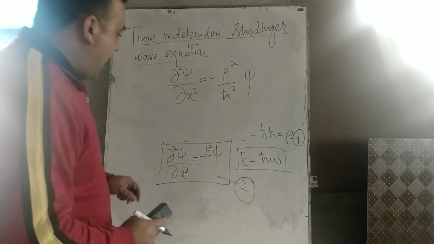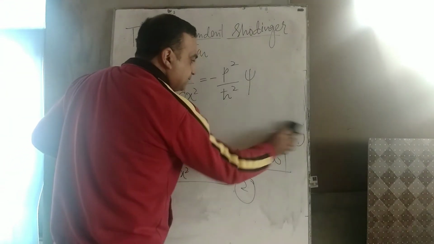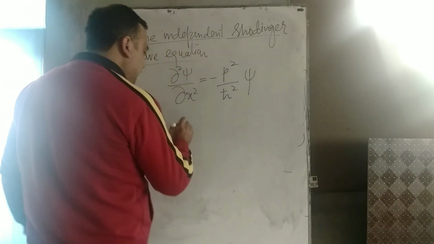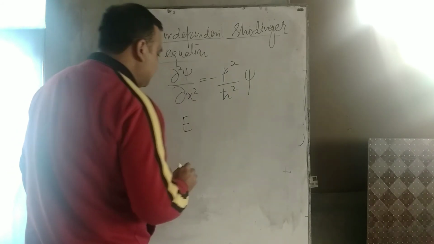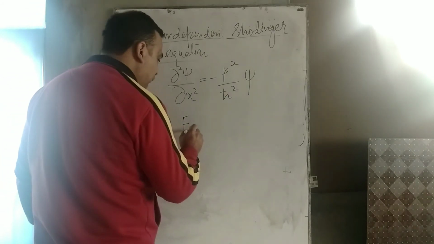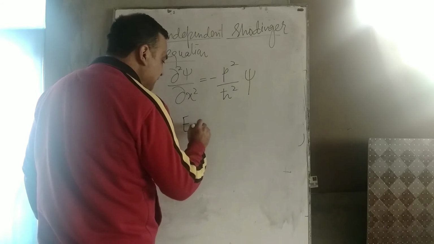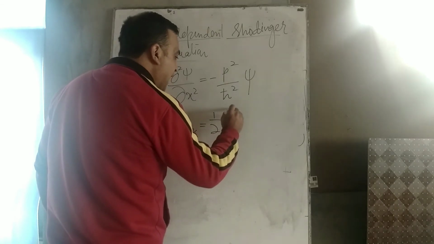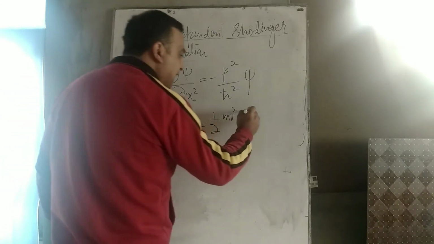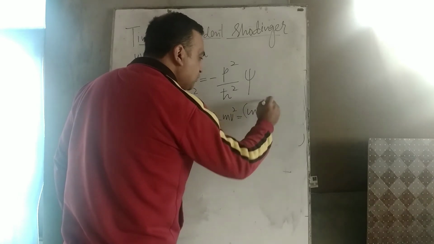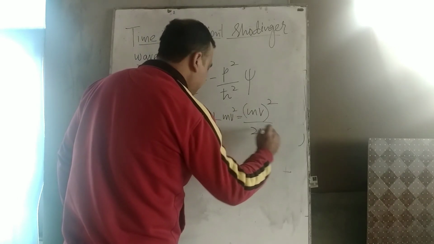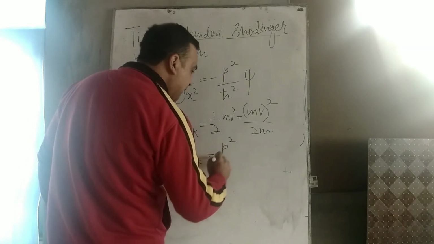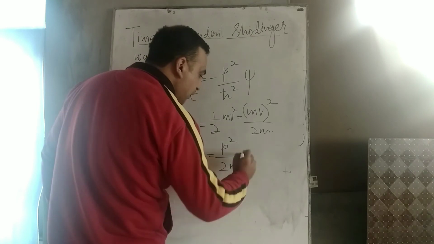Now, I would like to further translate this momentum. If Ek is the kinetic energy associated with the moving particle, this kinetic energy is 1/2 of mv square, and that can be written as mv whole square divided by 2m. So this Ek will be p square divided by 2m. What does that mean?